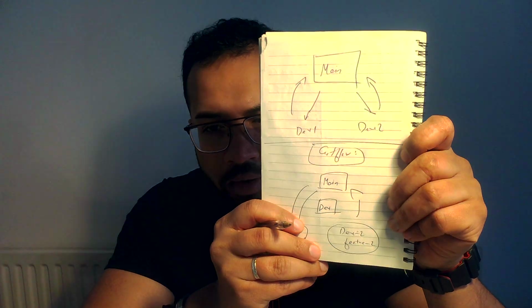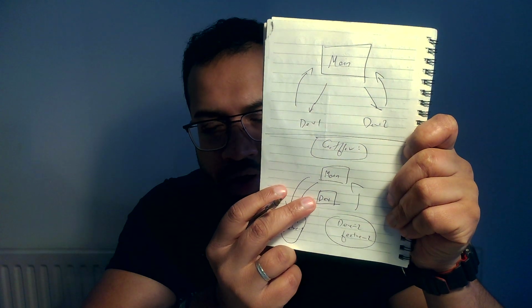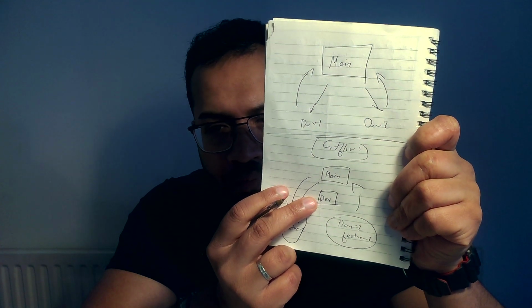Now what you could do, for example, is have a dev branch here in the middle. As you can see, there's a dev branch here. So now I'm going to show you what would happen if there is a dev branch in the middle. Just bear with me here.